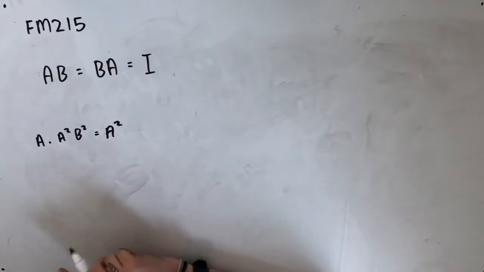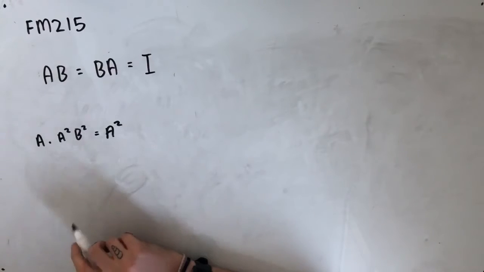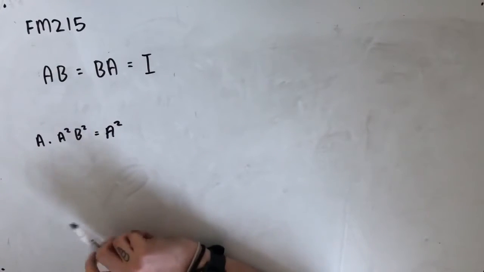So, looking here, we have A squared times B squared is equal to A squared.